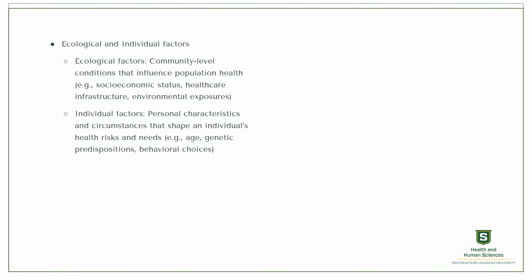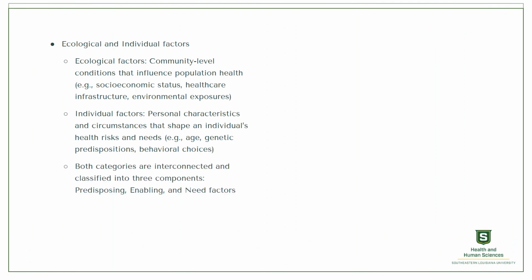That we will have age, genetic predispositions, things like whether you have a family history of a particular disorder, and your behavioral choices. So both categories, that is the ecological and the individual factors, are interconnected, like I said before.